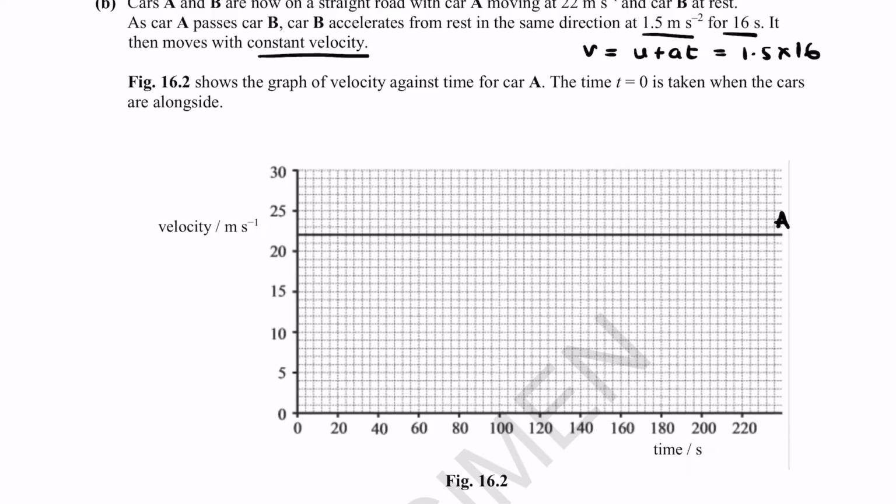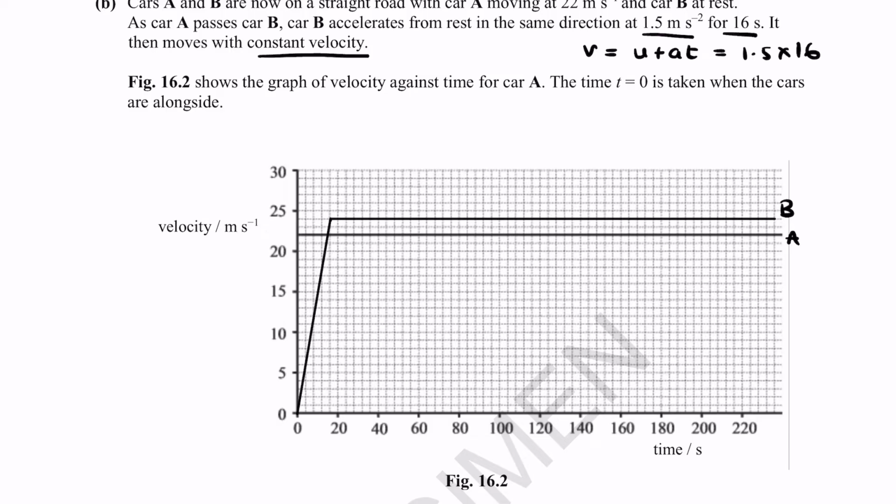So I'm going to go ahead and mark that, and then it just goes at constant velocity, and this is for B.